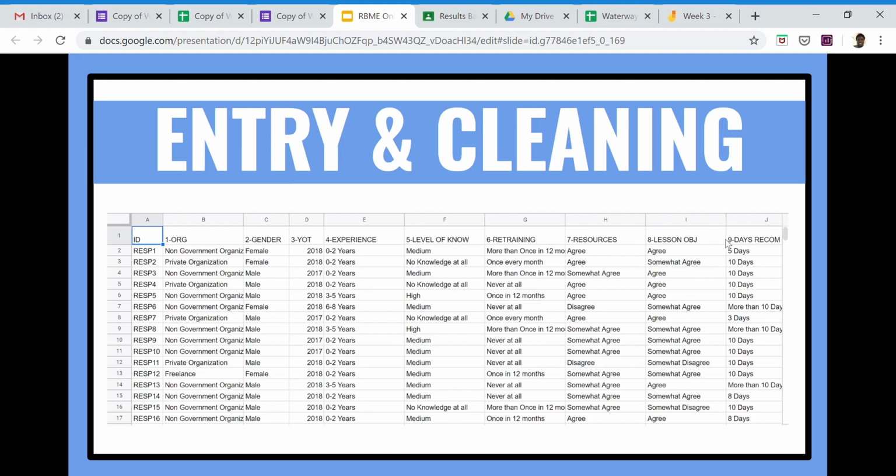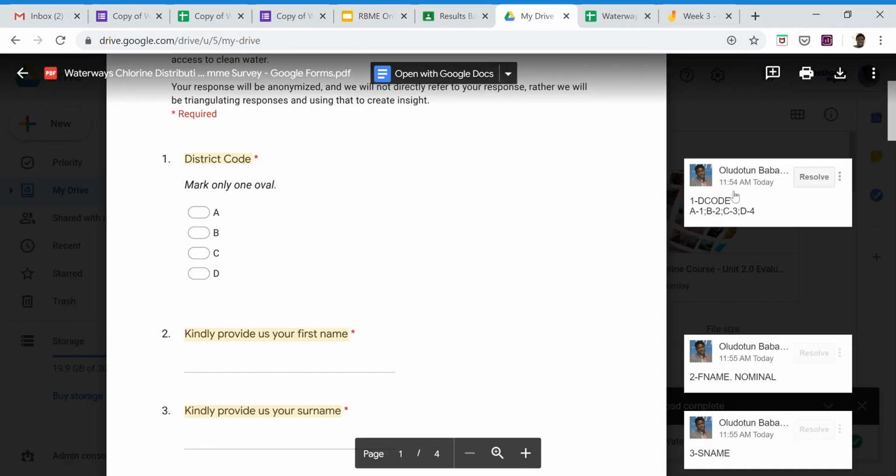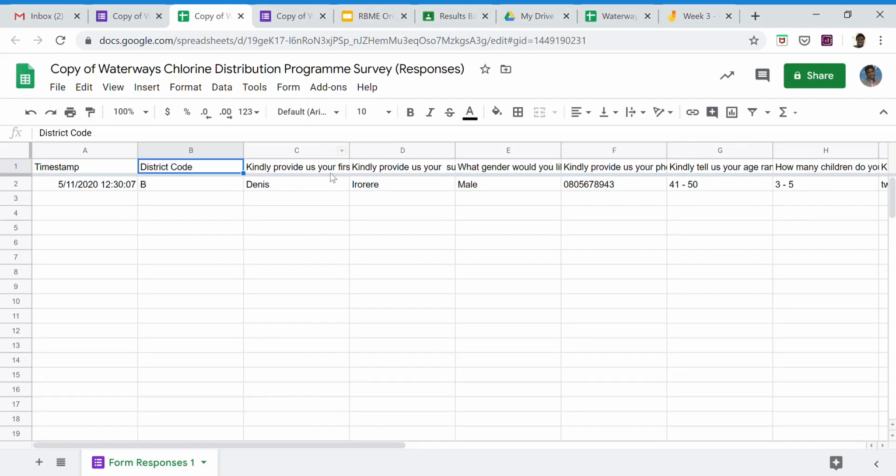So remember how we started coding our variables here. That's what you're now seeing here, and that's what we're supposed to do to this as a task for this unit.